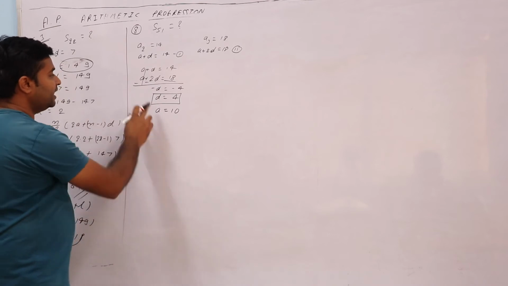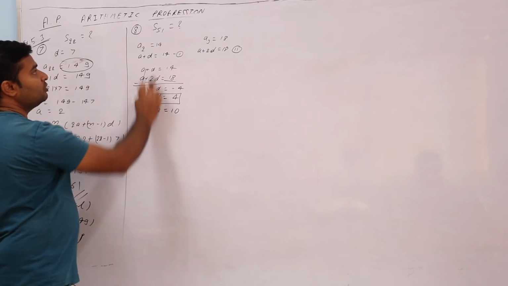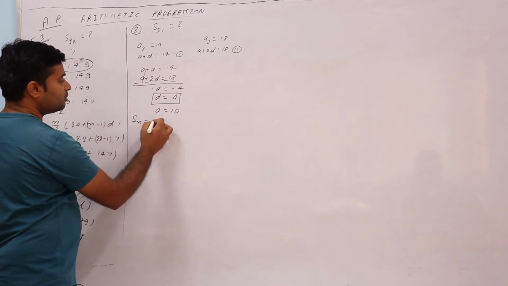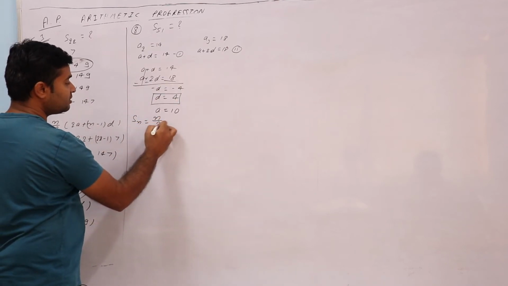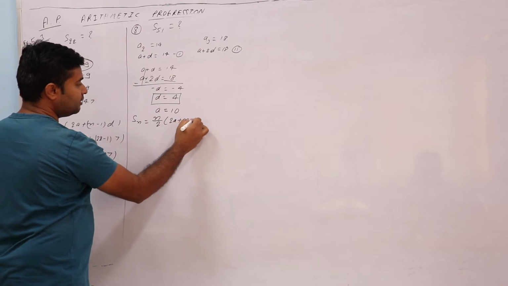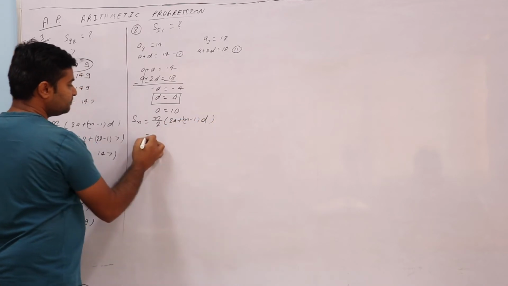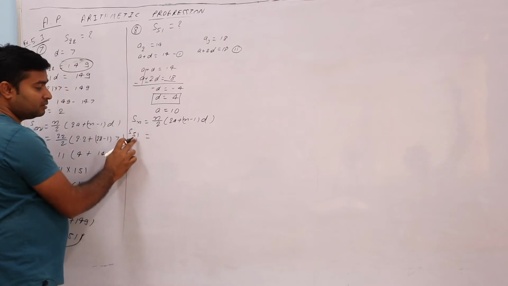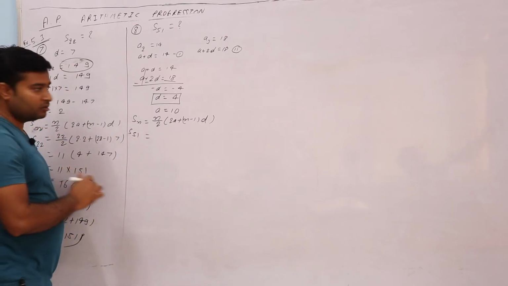We get D also, we get A also. Can we find S51? So Sn is equal to what, the formula? Read fast. n by 2 into 2A plus n minus 1 into D. What is n? N is equal to 51.